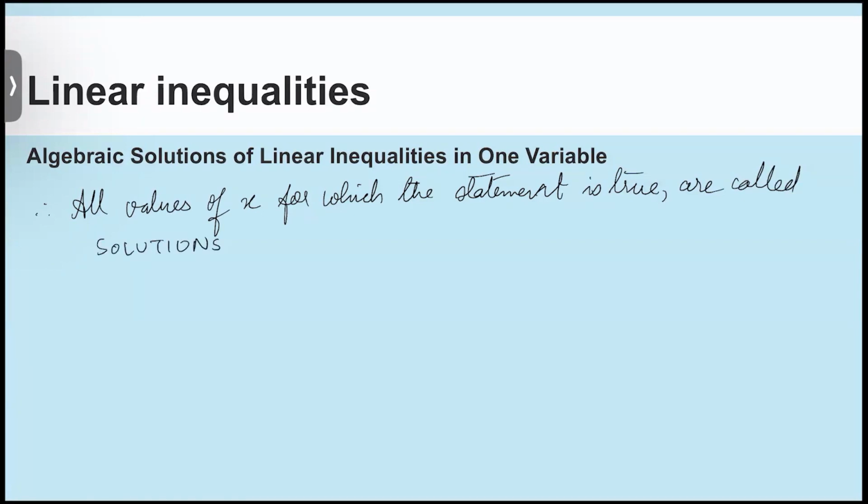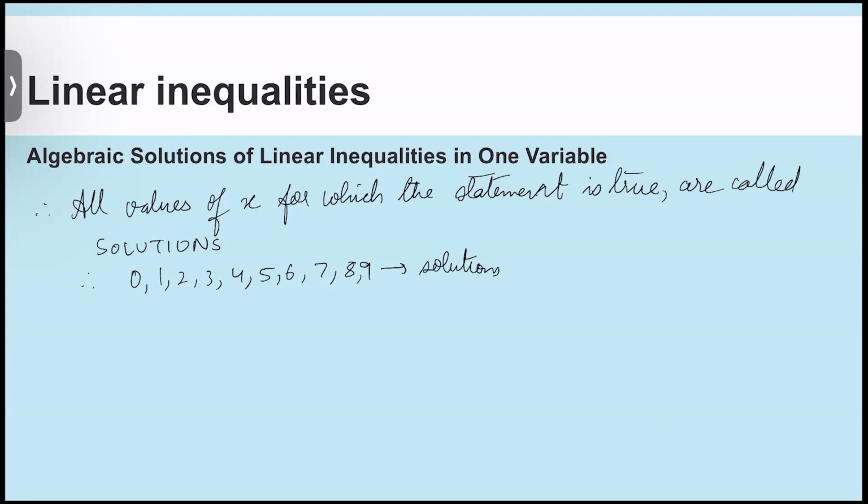So all the values 0, 1, 2, 3, 4, 5, 6, 7, 8, 9 are all the solutions.